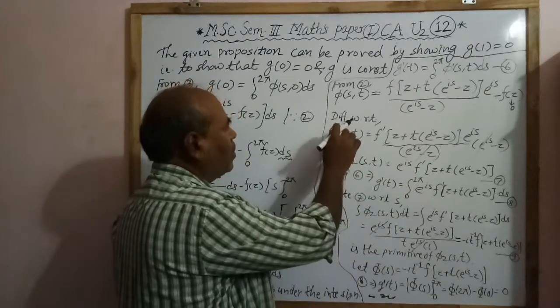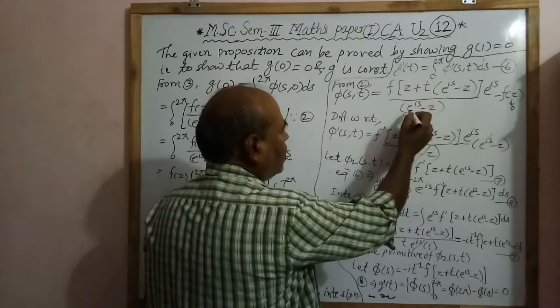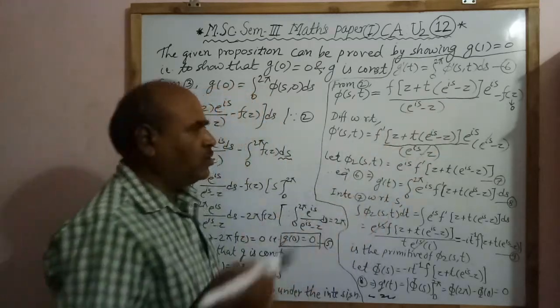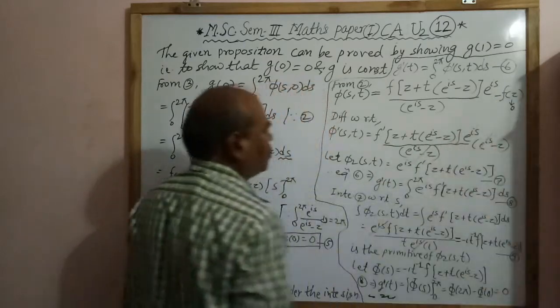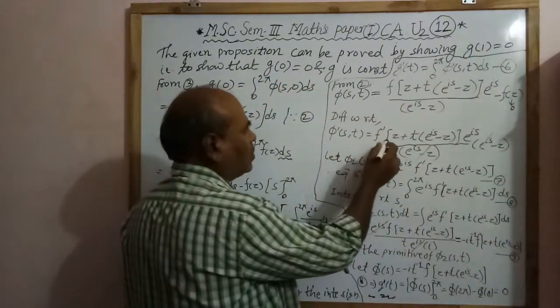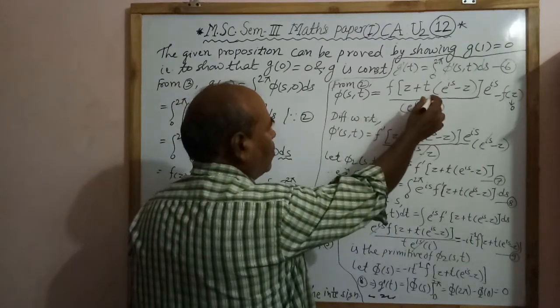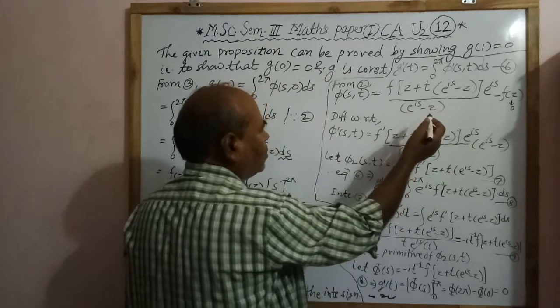From equation 2, phi of st equals f of z plus t into e to the power is minus z, divided by e to the power is minus z, into e to the power is minus f of z. The value of f of z is 0. Now differentiating this equation, we have the derivative of the f function, f dash of this, into the derivative of the internal function.